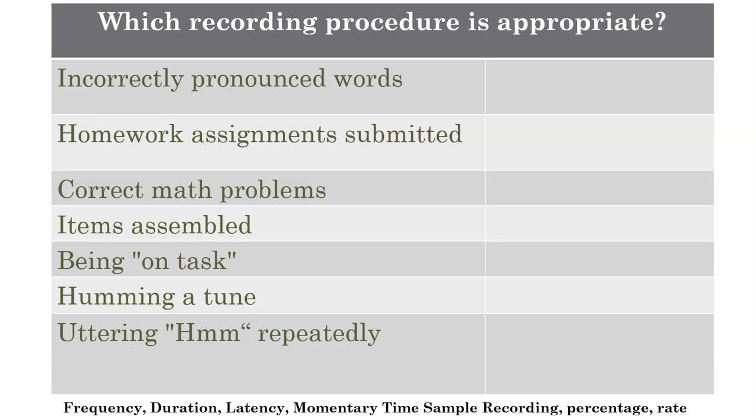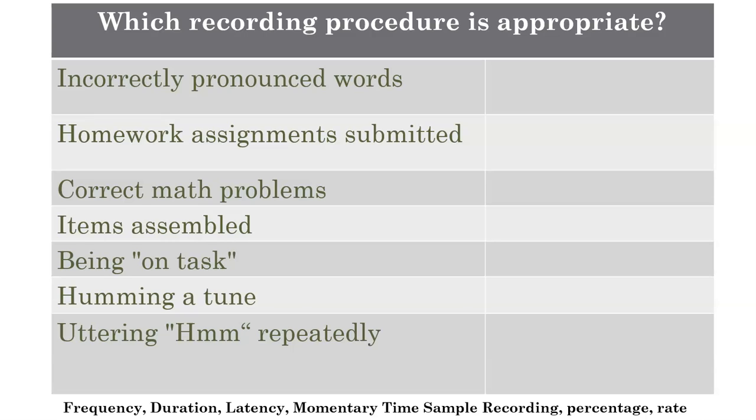Just count the number of assignments, because each day would be the same amount of time. Correct math problems. Again, you only have so many opportunities because you only have so many problems, so a percentage would be the appropriate procedure. Items assembled. Well, if your time is consistent, frequency will be fine. But if your time varies from session to session, you would use rate to determine how many assembled per time period.